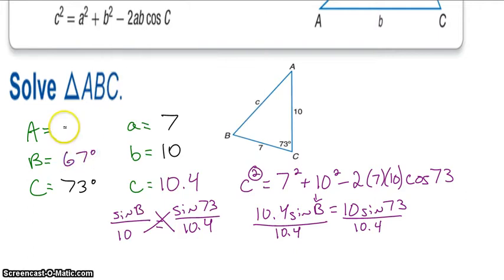And to find my last angle, just take 180 minus 73 minus 67 and get 40 degrees. And I have all my answers.